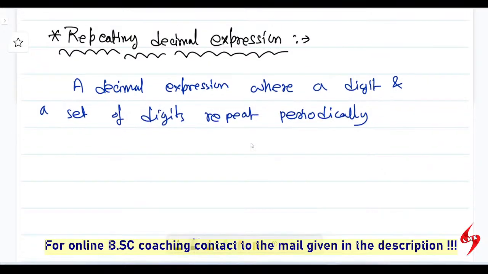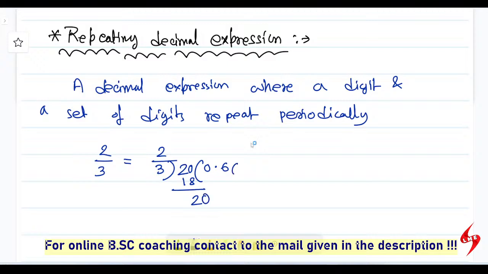So we now discuss some examples, like 2 by 3 here. If I divide 2 by 3, first I take the point, it will be 0 here, then I take 6, and 18, that will be 2 again, that will be 0, another 1, 6 again, 18, 2, and so on.